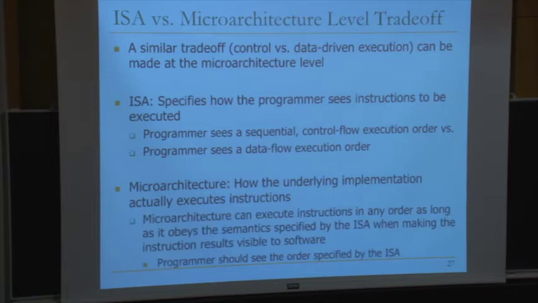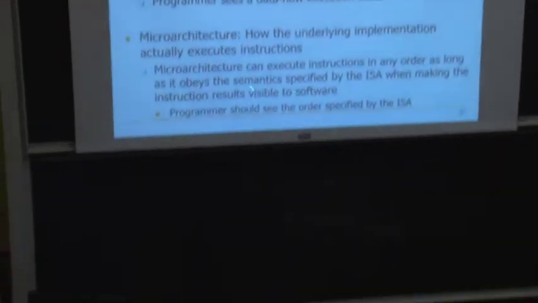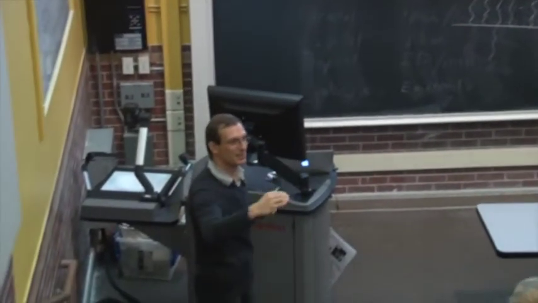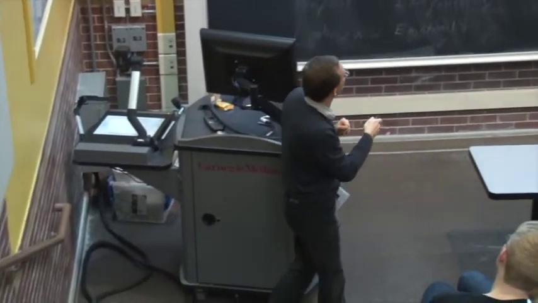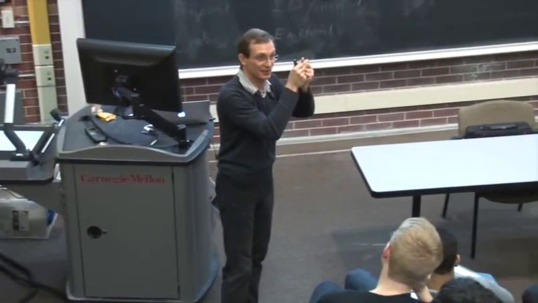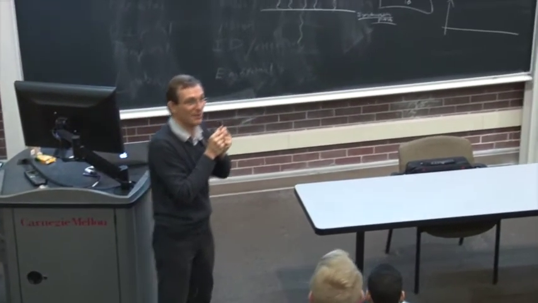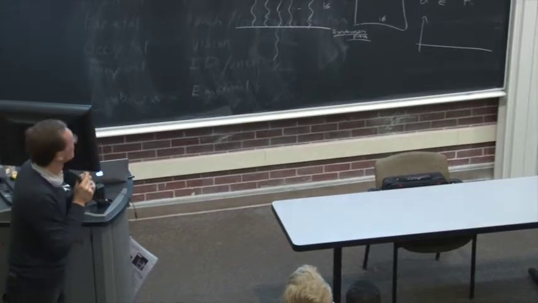Whereas what has been successful is having the microarchitecture execute instructions in an order that's different from what is specified by the ISA. Basically, microarchitecture does something different, but doesn't expose that to the programmer. As long as the microarchitecture obeys the semantics specified by the ISA when making the instruction results visible to the software, to the programmer, to the user, then it's OK.